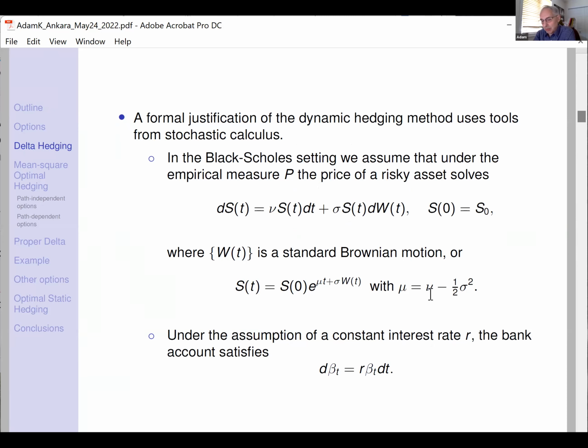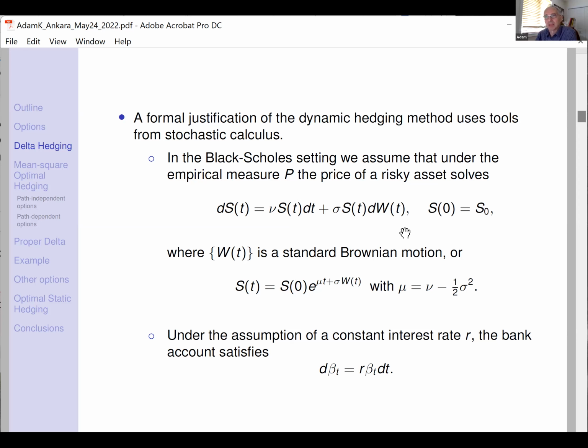So to demonstrate formally that it is possible to create a replicating or hedging portfolio, first we postulate a certain dynamic for the price of the underlying security. And this is done using a diffusion type process that solves a stochastic differential equation.